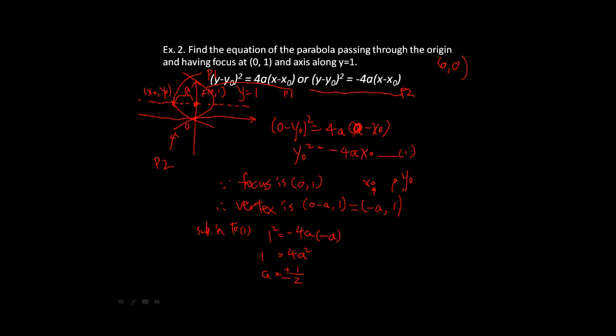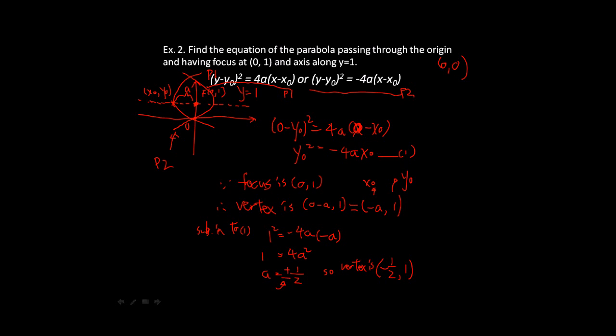But since we define a as a positive number, we will not use the negative value of a. Hence we know that a equals 1 over 2, and therefore the vertex is (minus half, 1). Okay, so this is actually what we need. This is x naught and this is y naught, right? And we know a as well.